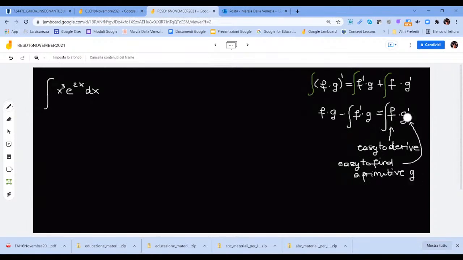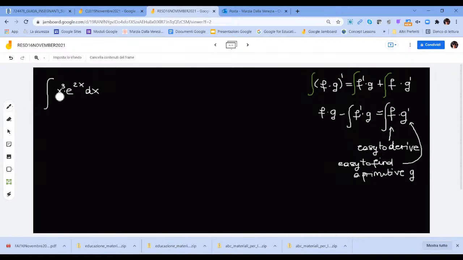G is a primitive of g prime, okay? So you have to recognize, in the product of these two functions, what is f and what is g. You need something easy to derive and something easy to find the primitive of.